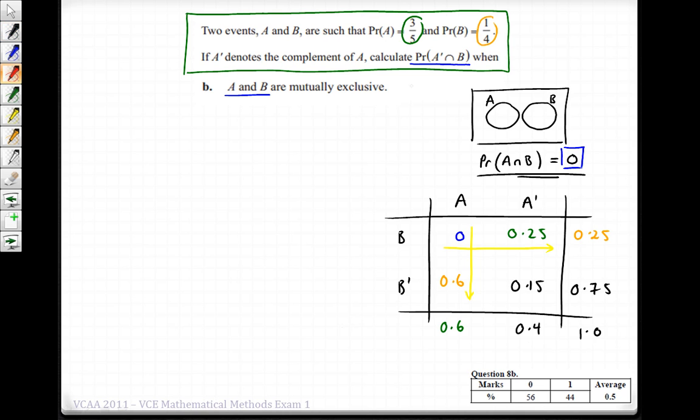But the bit we're interested in, the probability of A dashed intersecting B, is here. So just to make that really explicit, the probability of A dash, the complement of A, intersecting B, is given by the red box, which is equal to 0.25, and that's our answer.